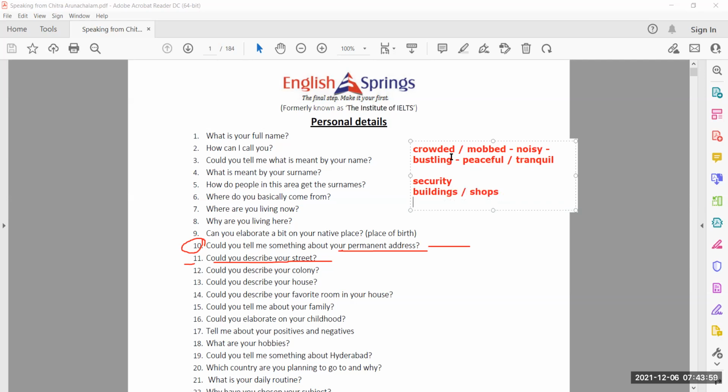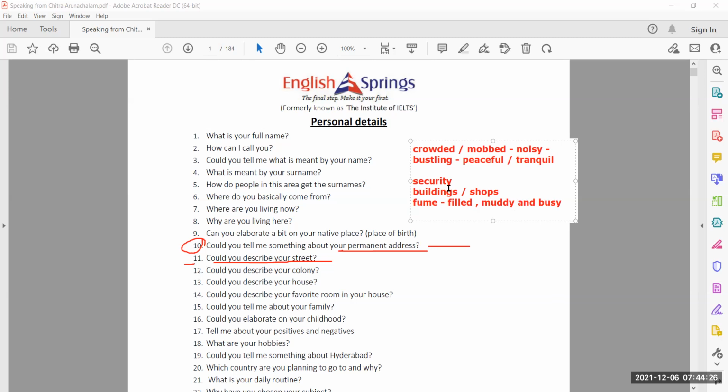And about the pollution, right? If it is highly polluted, then you can use the hyphenated word fume-filled. Or if it is too muddy and always crowded, you can say muddy and busy. I'm just giving you some words to describe.